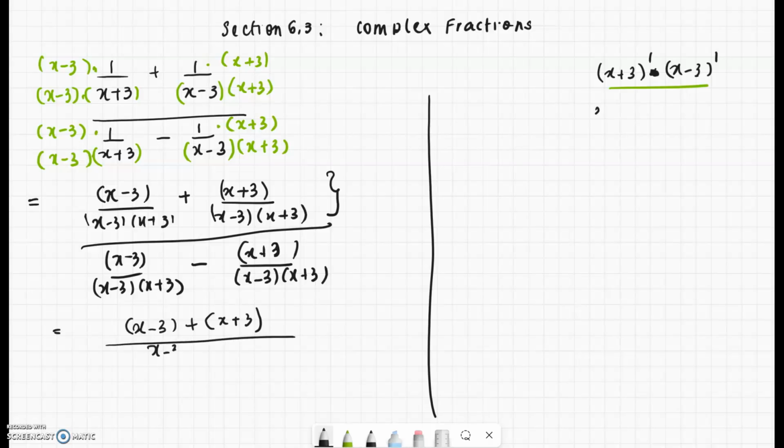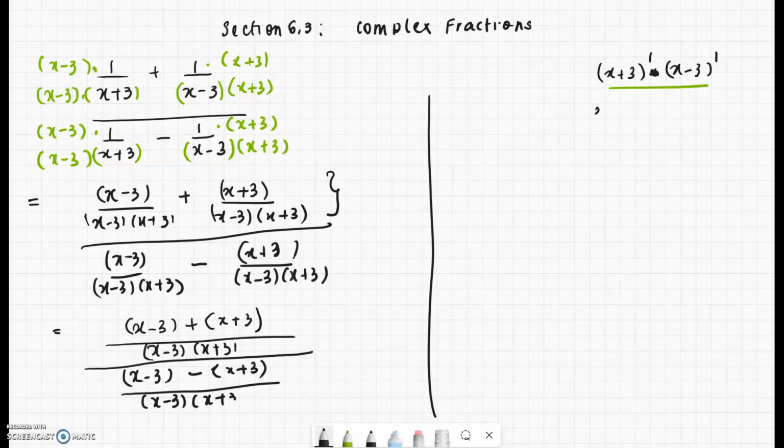Divided by x minus 3 times x plus 3, the whole divided by x minus 3 minus x plus 3, the whole divided by x minus 3 times x plus 3. Remember, this is the division.